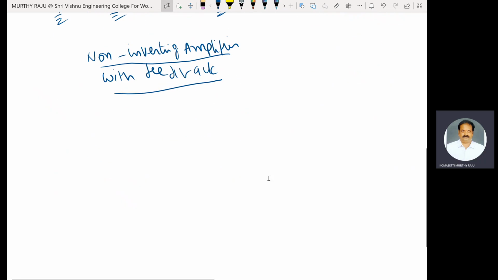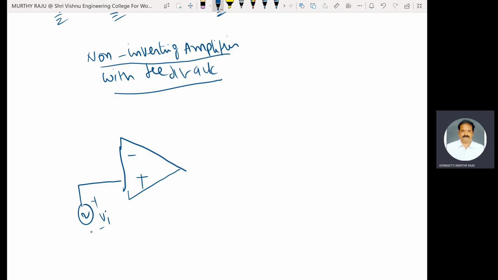Draw the circuit diagram here. Minus and plus. Apply voltage source Vi to the non-inverting terminal of that op amp.